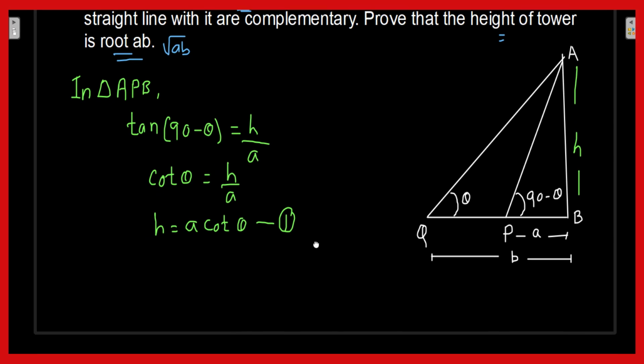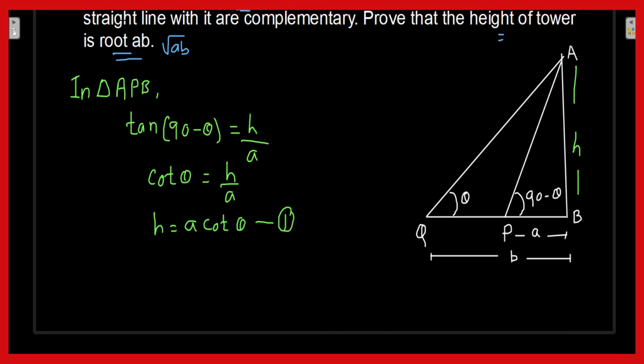Now we will take the other triangle, that is AQB. In triangle AQB, here we have tan theta, that is equal to opposite upon adjacent. So tan theta is equal to opposite.